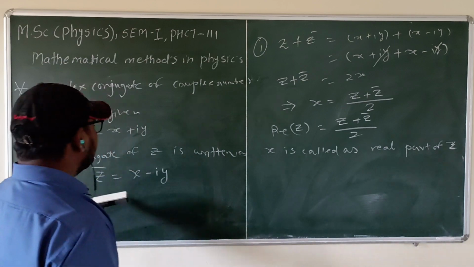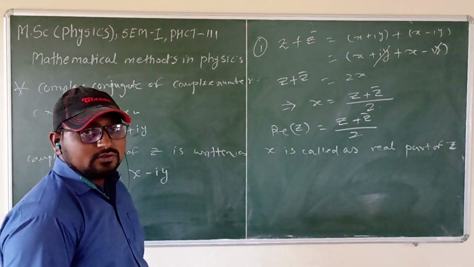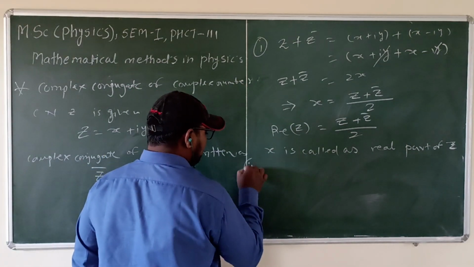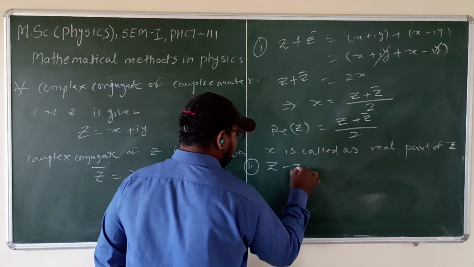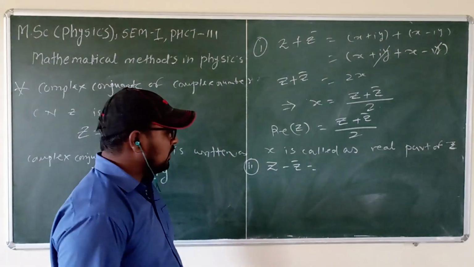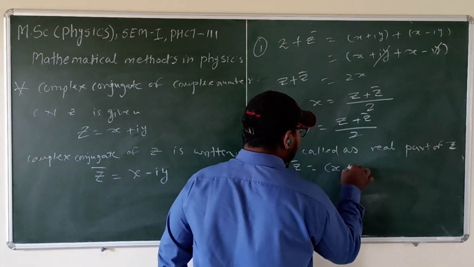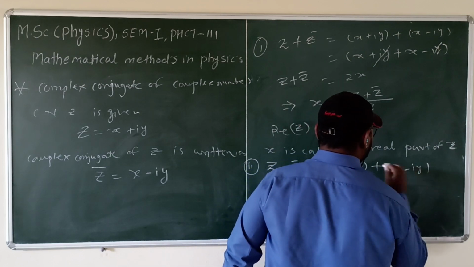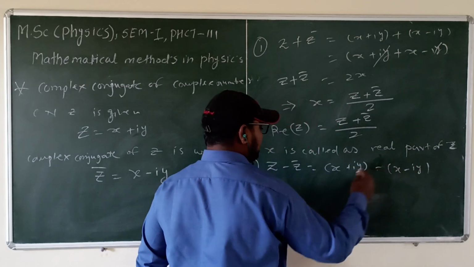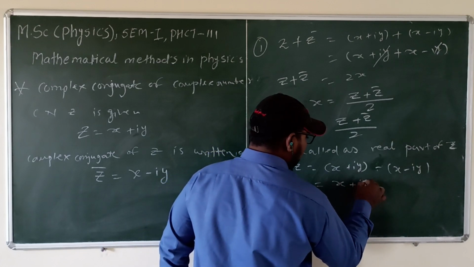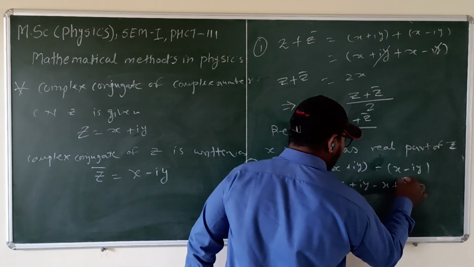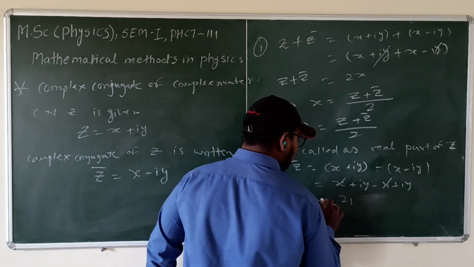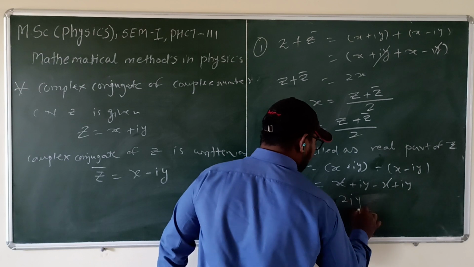Similarly, we can consider the subtraction of a complex number and its complex conjugate as the second point, the subtraction z minus z bar, right? This will come like x plus iy minus x minus iy. So the plus x and minus x cancel out, and we are left with 2iy.